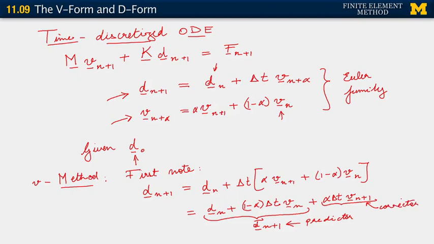Written differently, dn plus 1 is equal to the predictor, dn plus 1 tilde, plus the corrector, alpha delta t Vn plus 1. So this is a predictor-corrector method.